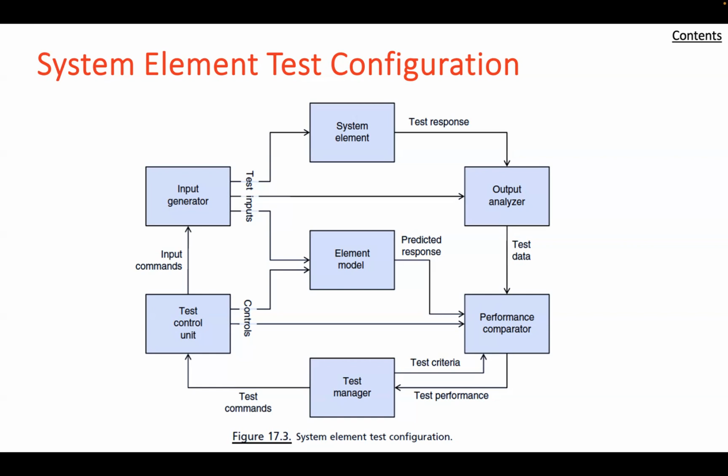So most actual test configurations are considerably more complex than the simplified figure that we're showing. For example, tests may involve simultaneous inputs from several sources involving various types of signal elements, each requiring a different type of signal generator.